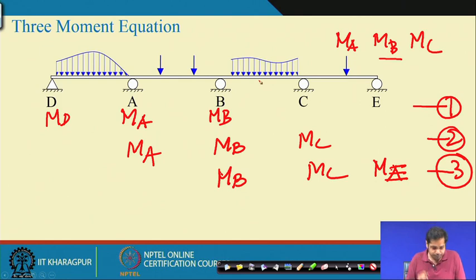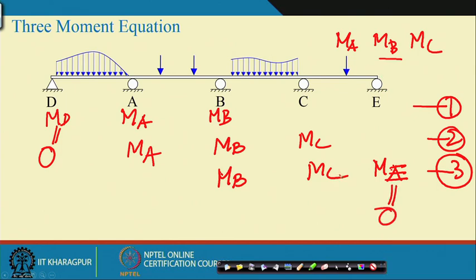Since this support is a hinge, automatically MD becomes 0, and this is a roller support, so ME becomes 0. So, in these three equations the only unknowns are MA, MB and MC. Three equations, three unknowns, we can solve for MA, MB and MC.